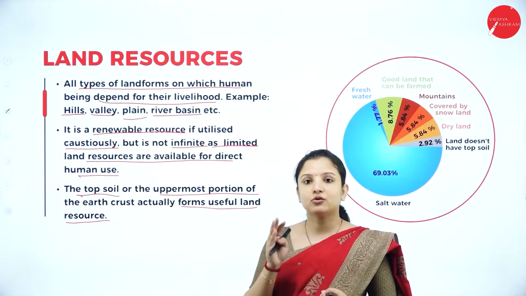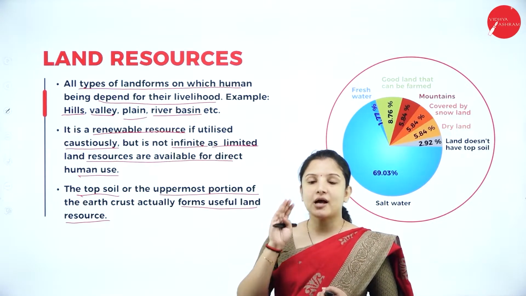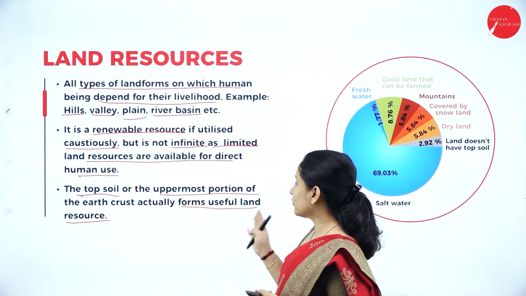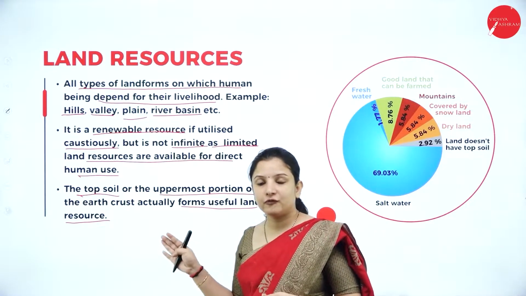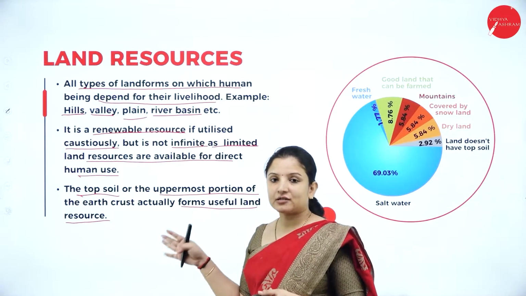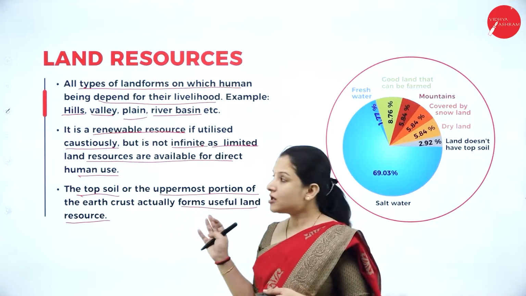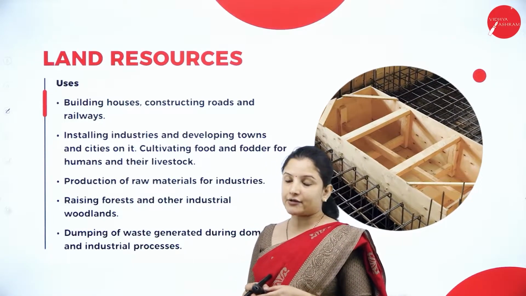No, only those areas of land which have good conditions, good topsoil, good fertile soil, can be used, and the rest of the land cannot be used for human purposes. So that is why we need to make use of the land resources very, very cautiously. Next, talking about the uses of land resources.